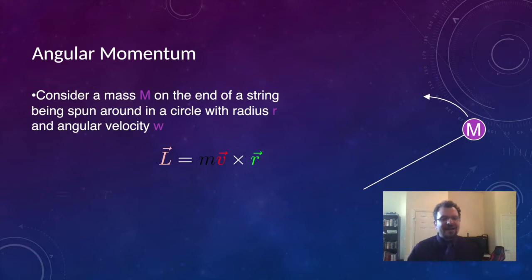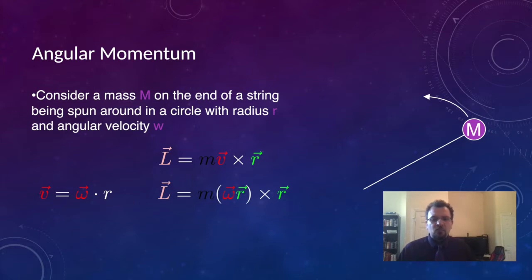So we've got linear velocity and a radius in there. So let's go ahead and fall back on that equation of linear velocity is equal to the angular velocity times the radius, and plug that in, and we end up with angular momentum equals the mass times the angular velocity times essentially r squared.